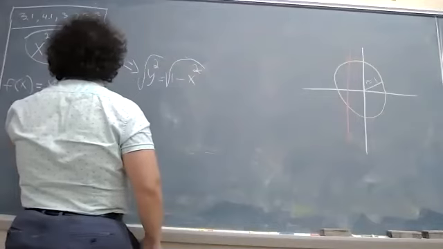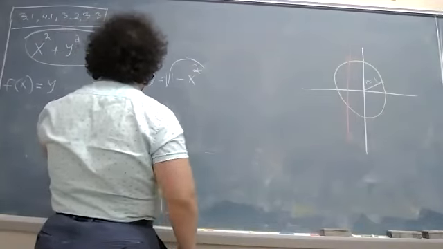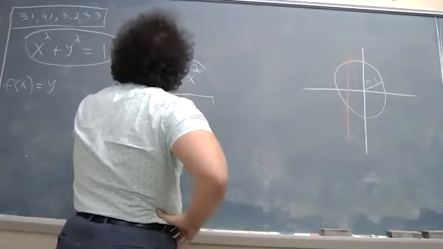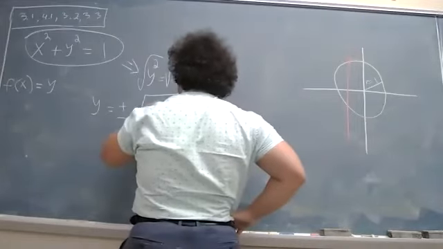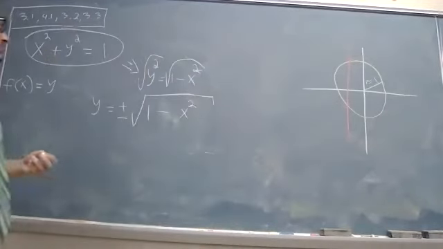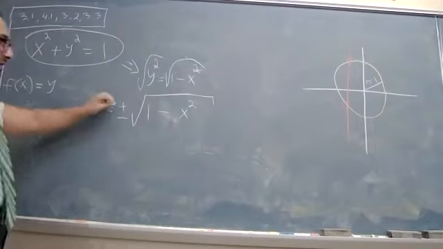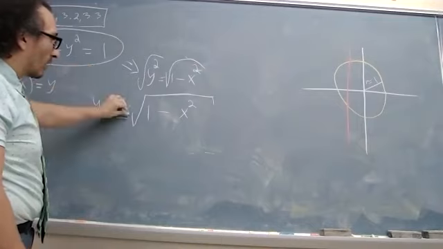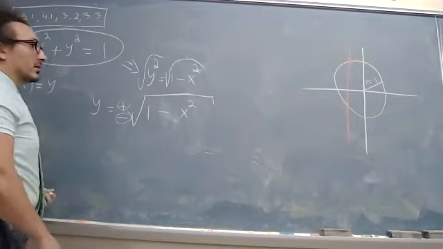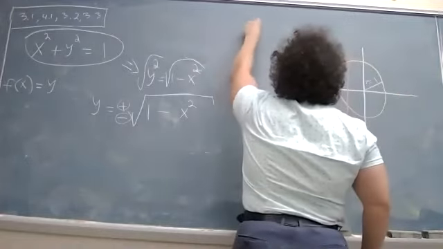Then I get y is equal to plus or minus the square root of 1 minus x squared. It is precisely the fact that you get plus or minus that causes us to fail the vertical line test.